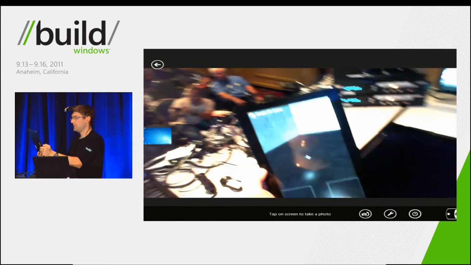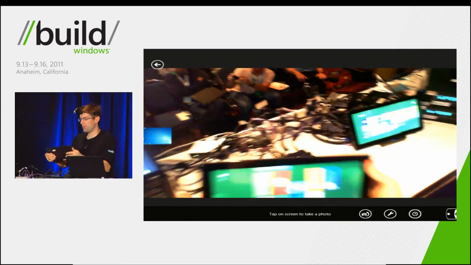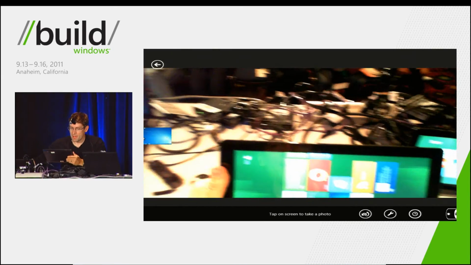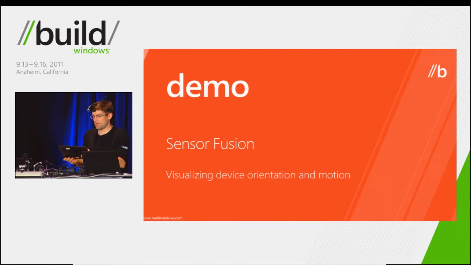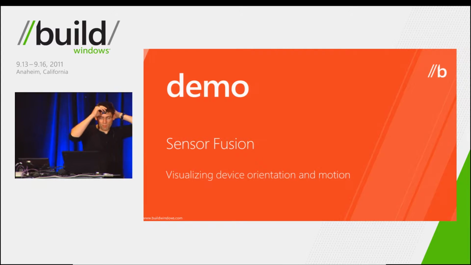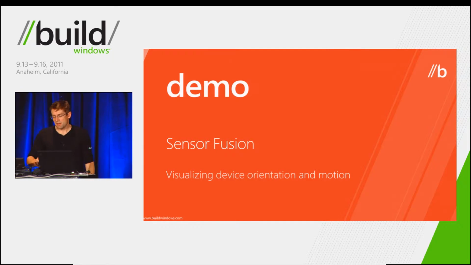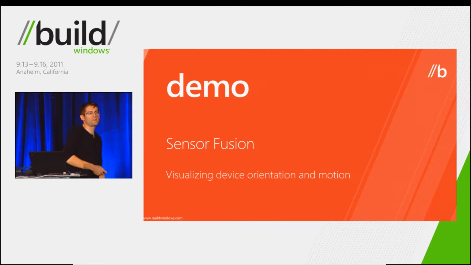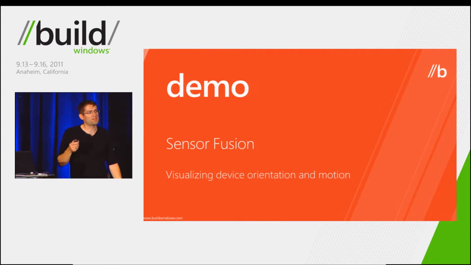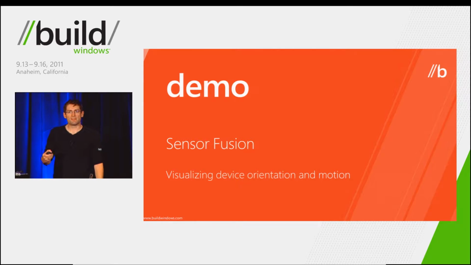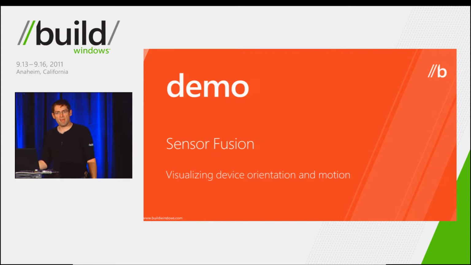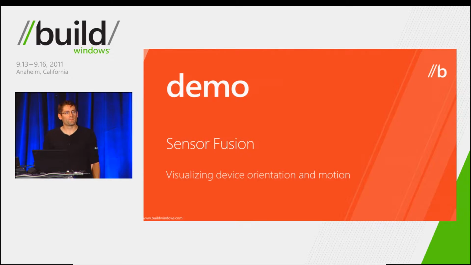But this gives you a really quick example of the types of experiences that app developers are going to be able to implement support for on Windows 8. And I will mention also that that's a Metro-style application that's written in C++ and taps into the full power of DirectX Math and Direct3D.